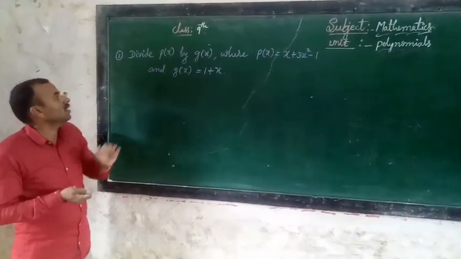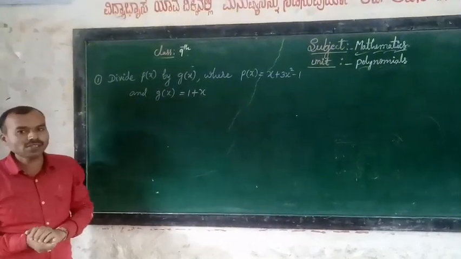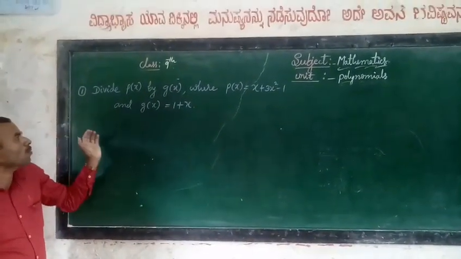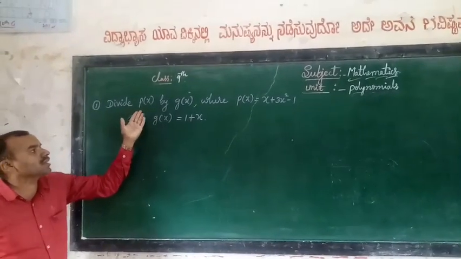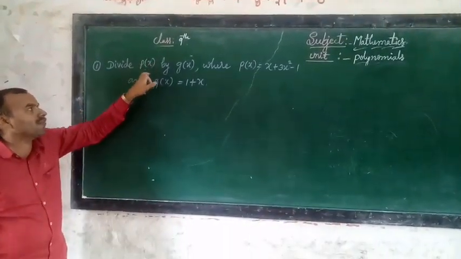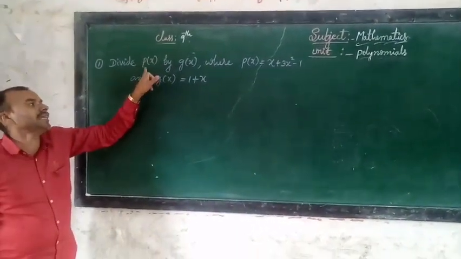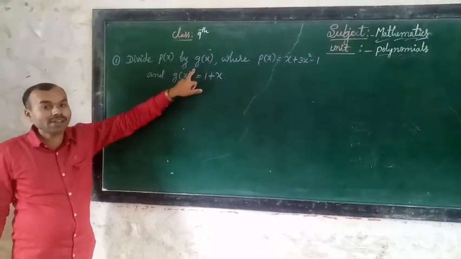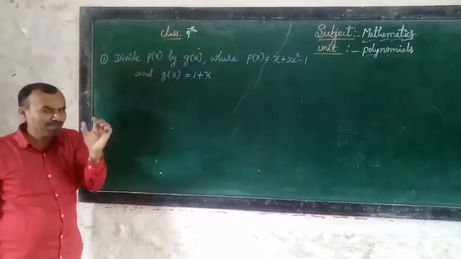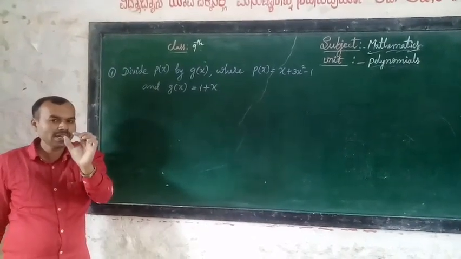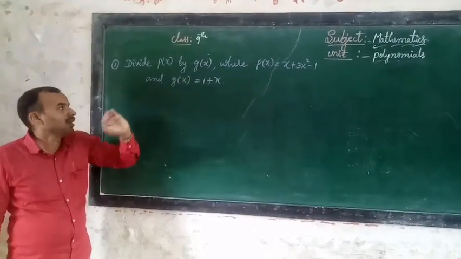By using that relation, there is one problem. Divide p of x by g of x. P of x is the dividend, g of x is the divisor. Already we took one simple problem, 13 divided by 3.